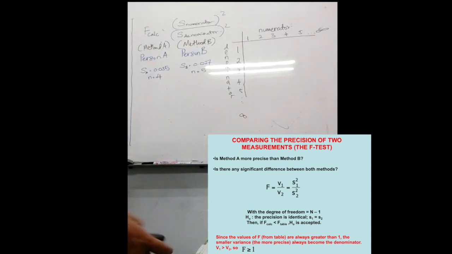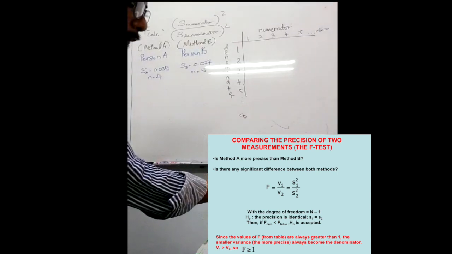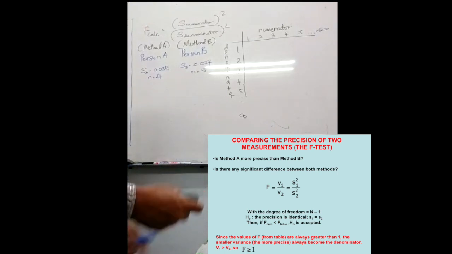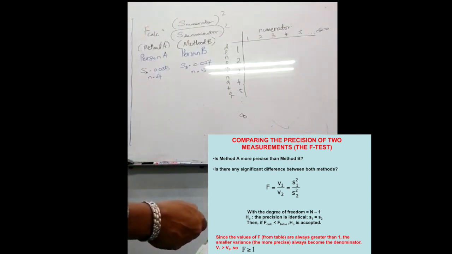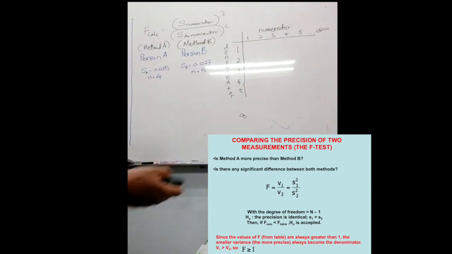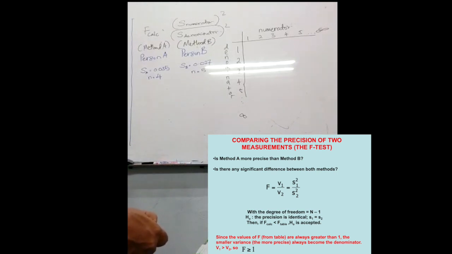We cannot simply put method A here and method B here. We have to know how. But before that, with the degrees of freedom N1 and N2, our H0 in the F-test is that the precision is identical, meaning the precision or the standard deviation from the two methods or measurements is equal.